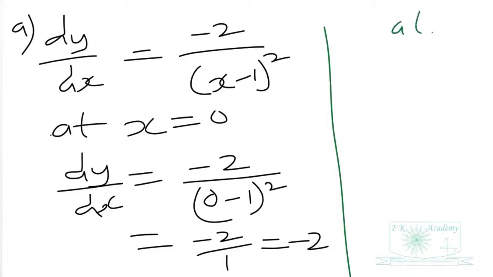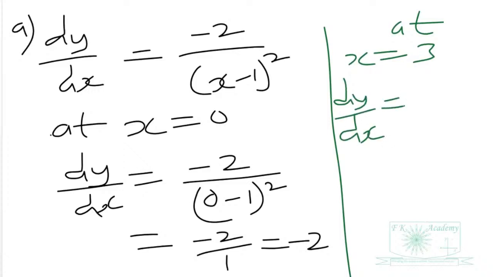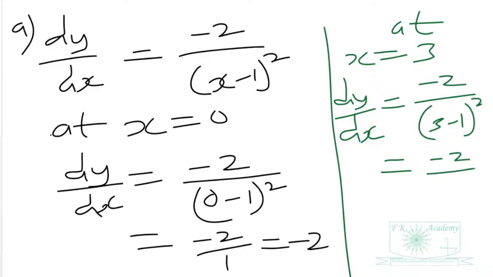Then at x equal 3, dy dx will be equal to negative 2 over 3 minus 1 all squared, which is negative 2 over 2 squared, which is 4, and that will give us negative 1 over 2.